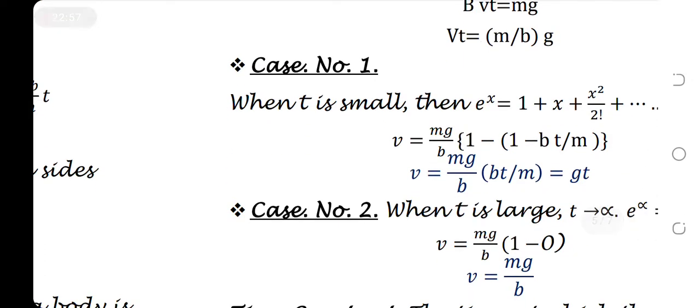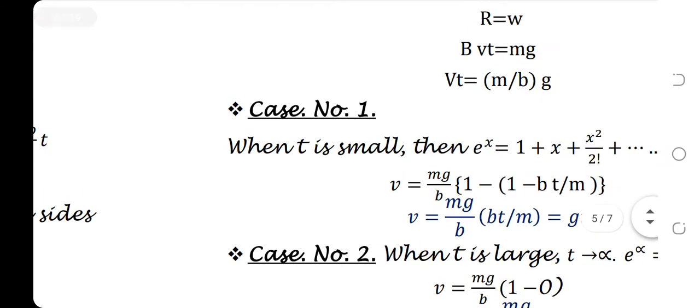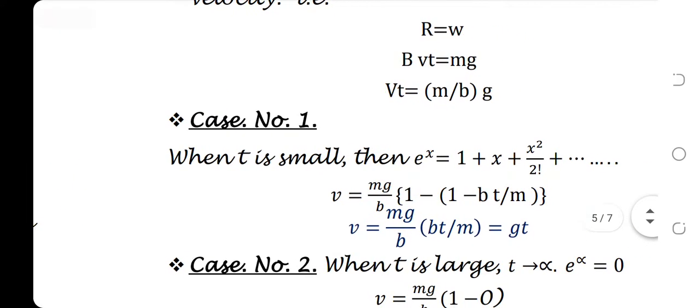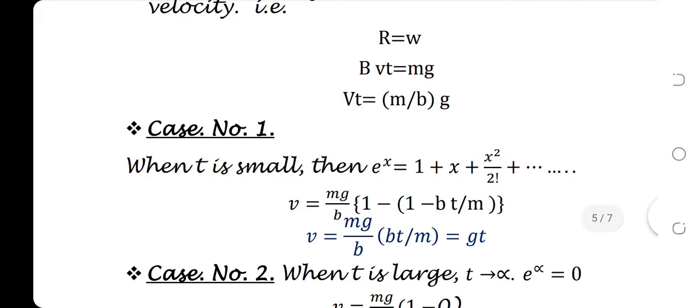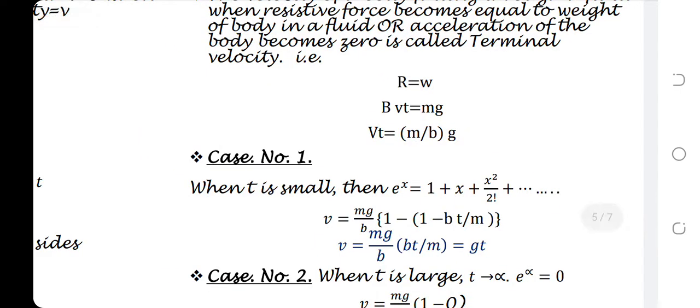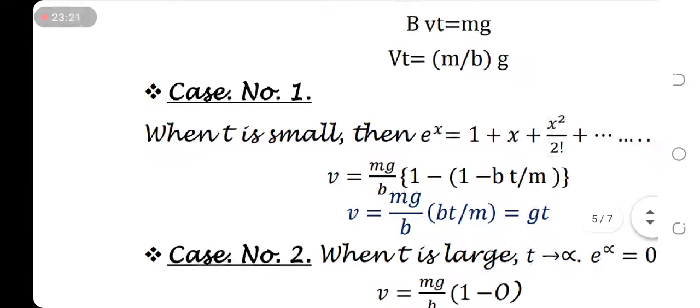We also see some cases here. When t is small, we also need the exponential series, that is e raised to power x equals 1 plus x plus x square over 2 factorial plus x cube over 3 factorial and so on.